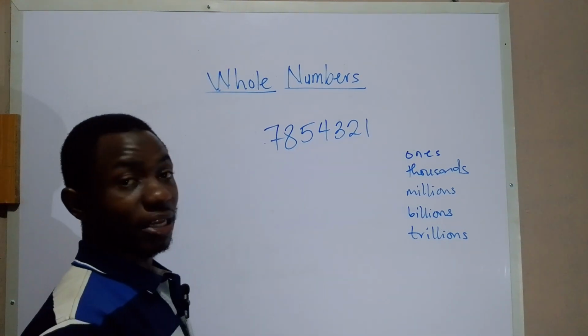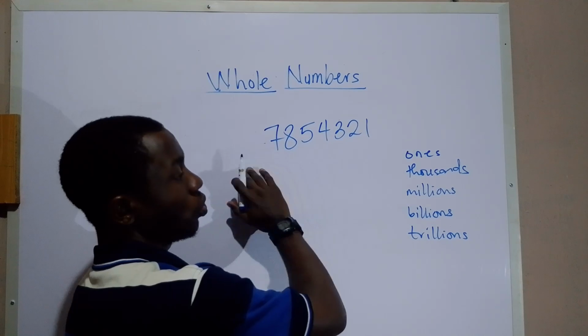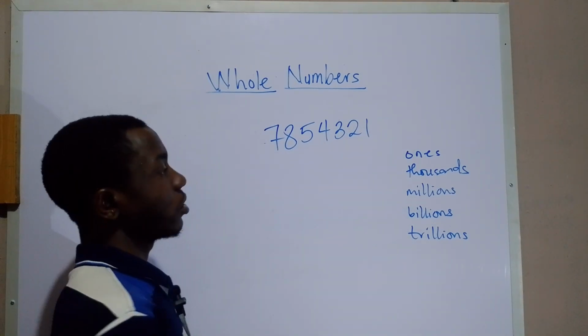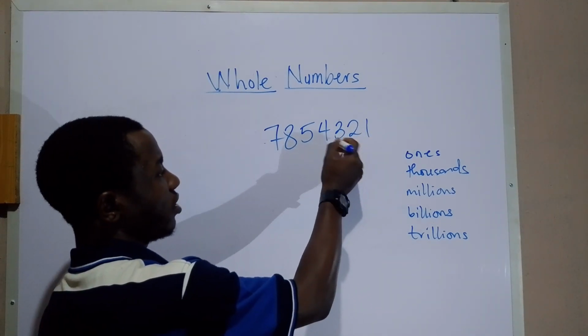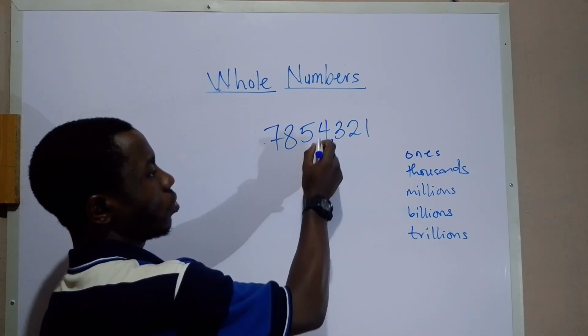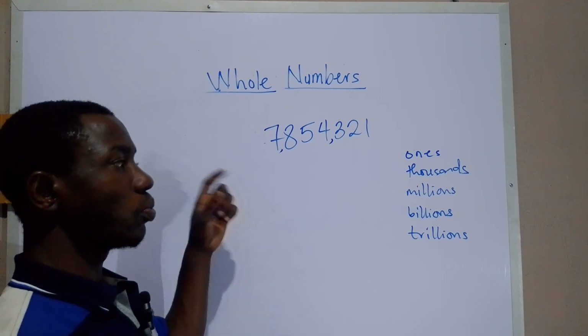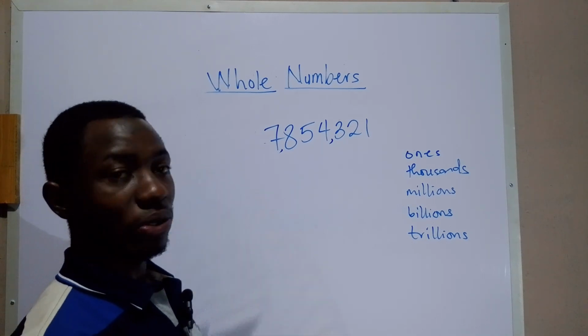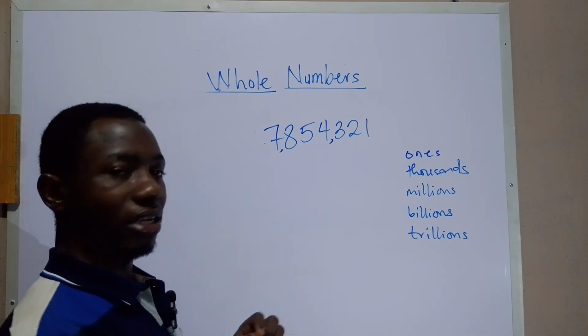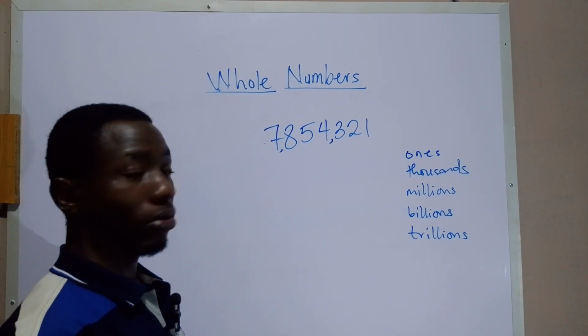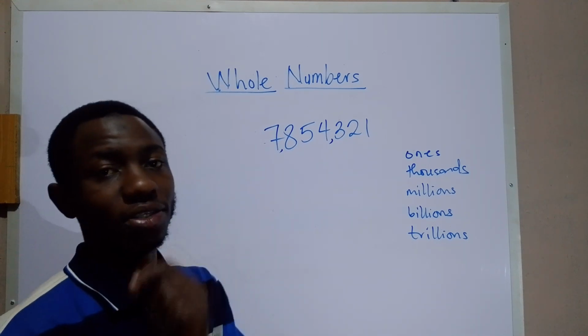Now let's segment our digits into the respective periods. 1, 2, 3, 1, 2, 3, and that's all. And we said in every period the digits have respective place values of hundreds, tens, and units.